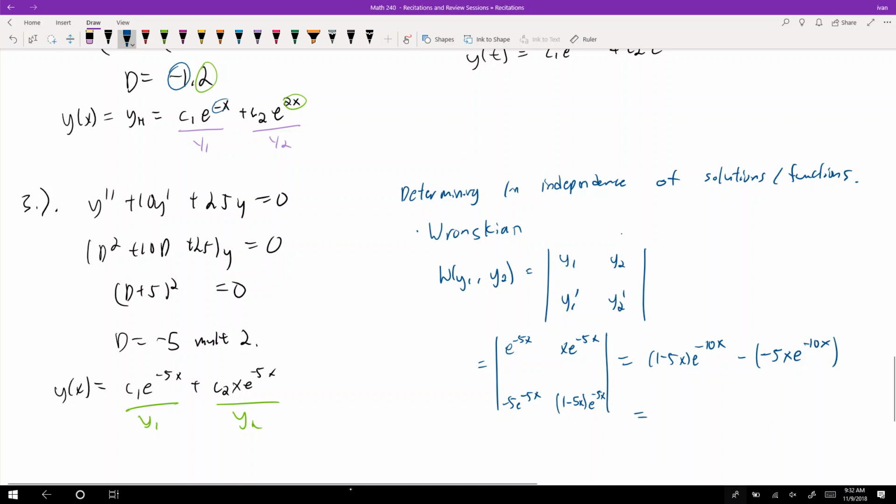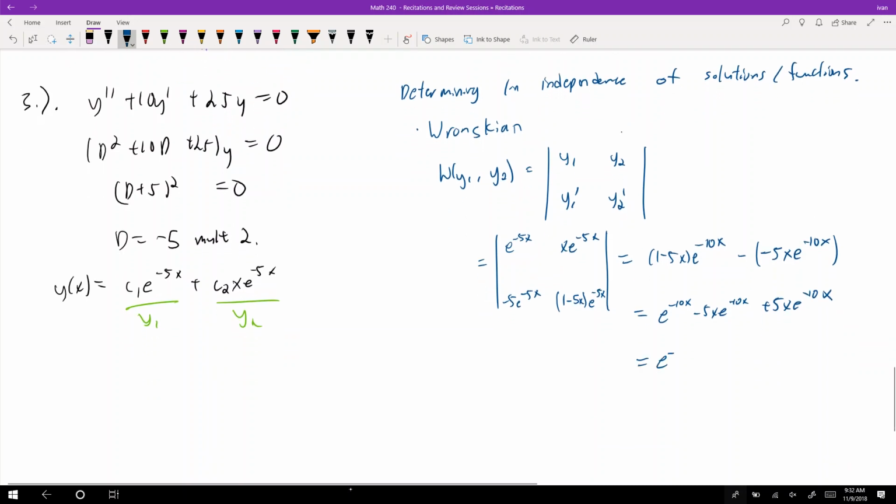We'll notice that it's really e to the negative 10x minus 5x e to the negative 10x plus 5x e to the negative 10x, which is e to the negative 10x.